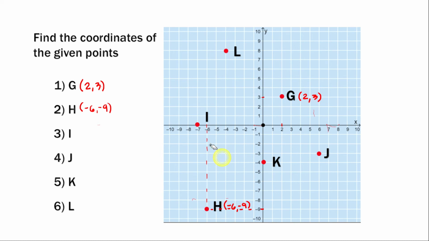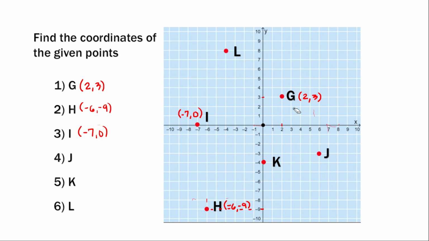Next, point I. Point I is on the x-axis. So, meaning, kung nasa x-axis siya, titignan lang natin kung ano yung tinamaan yung number for the x-axis, and that is negative 7. And 0 yung ating y. So, point I is at negative 7, 0.